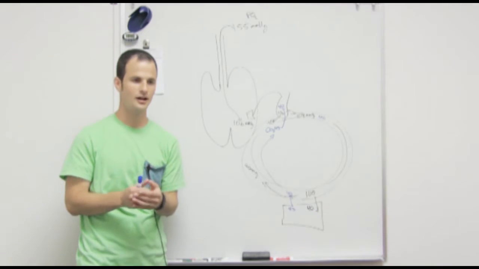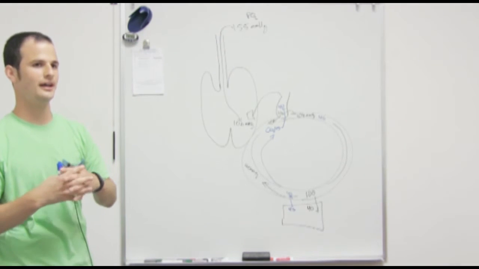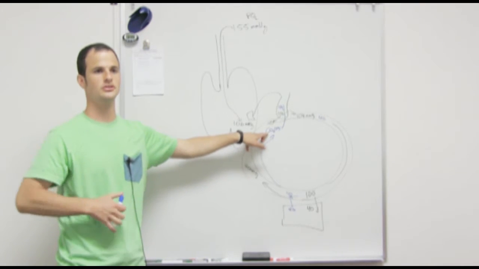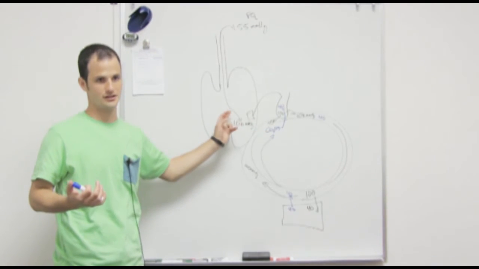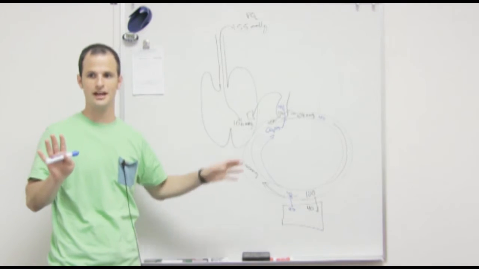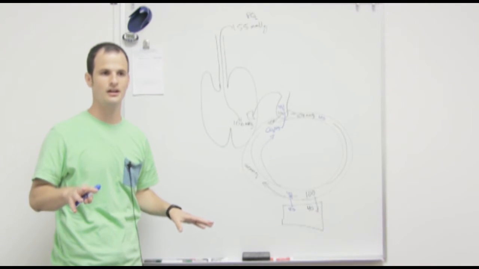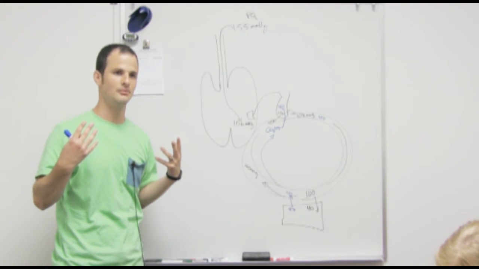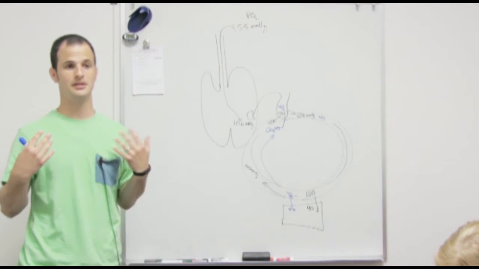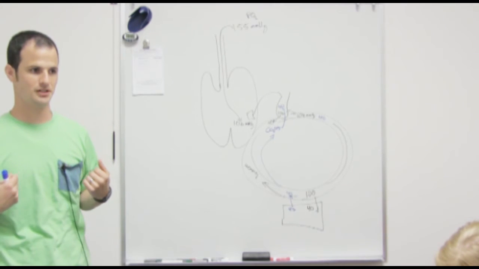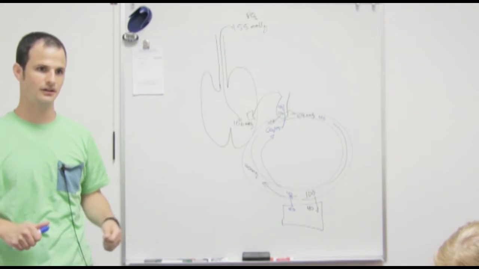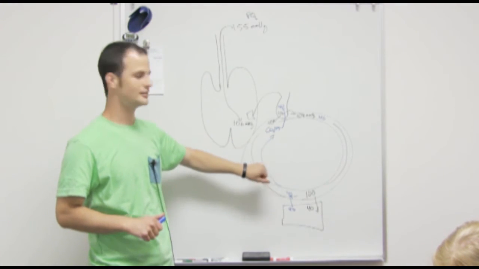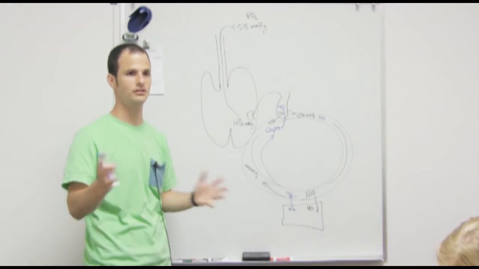This is one of the reasons why respiration is more influenced by the amount of CO2 in the blood than oxygen. I don't know if you've heard that in class, but it's important. Your chemoreceptors in your brain are more sensitive to carbon dioxide to stimulate respiration than to oxygen, because there's less variability that can occur. This is your safe range, 40 to 45.